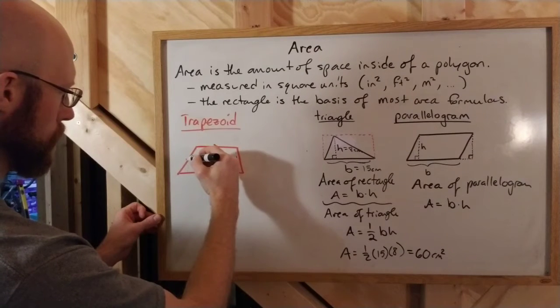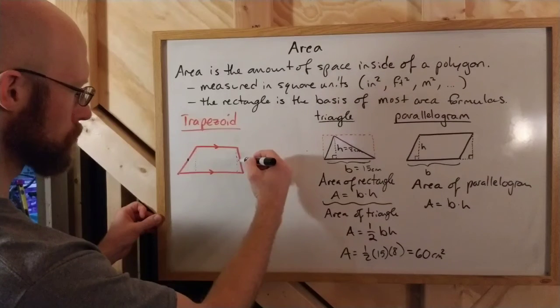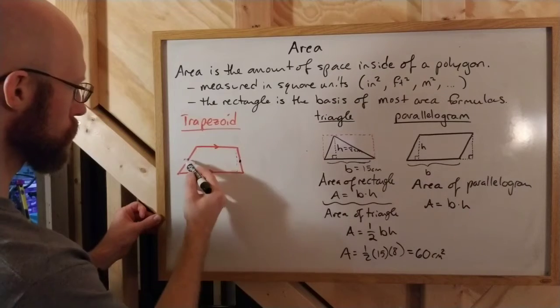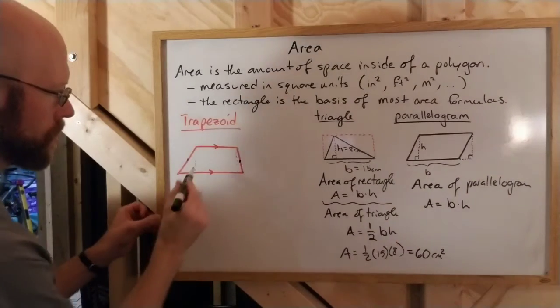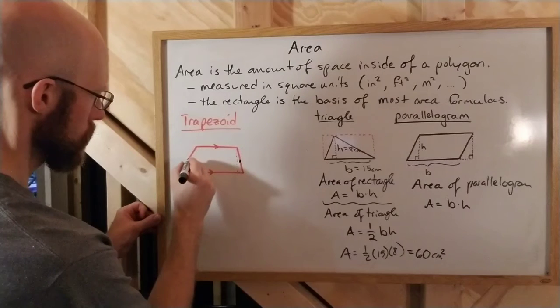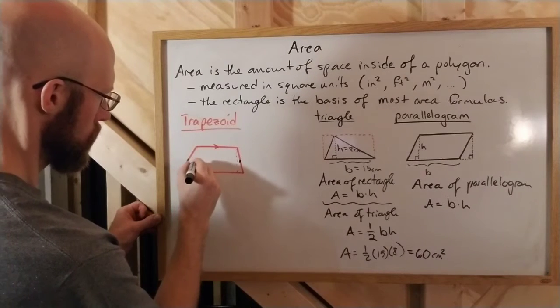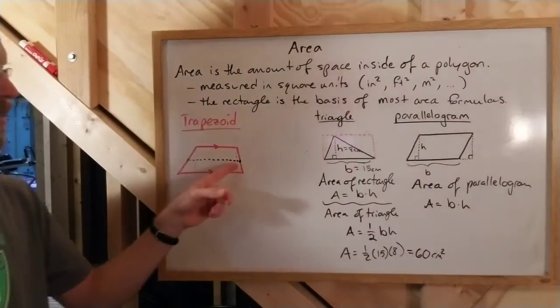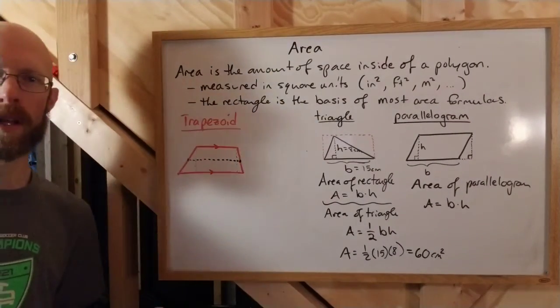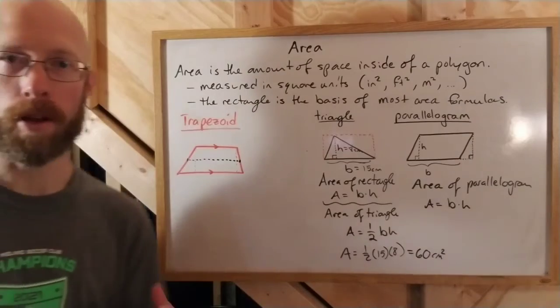So it would come up and actually intersect the midpoints of the two non-parallel lines. Okay? So the average of the two parallel lines intersects at the midpoint of the two non-parallel lines.